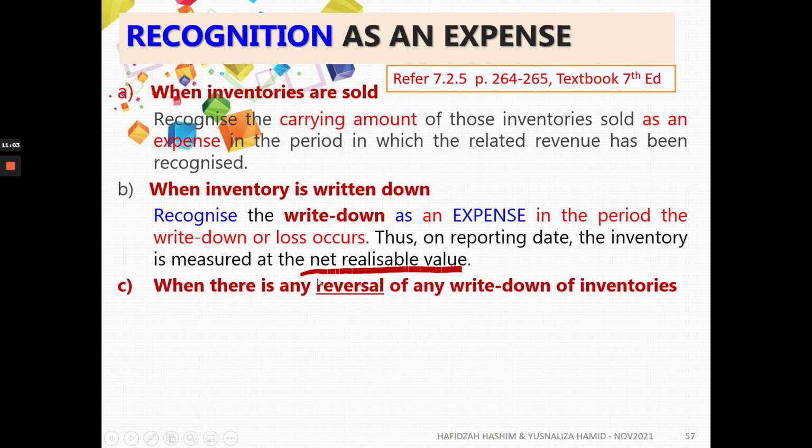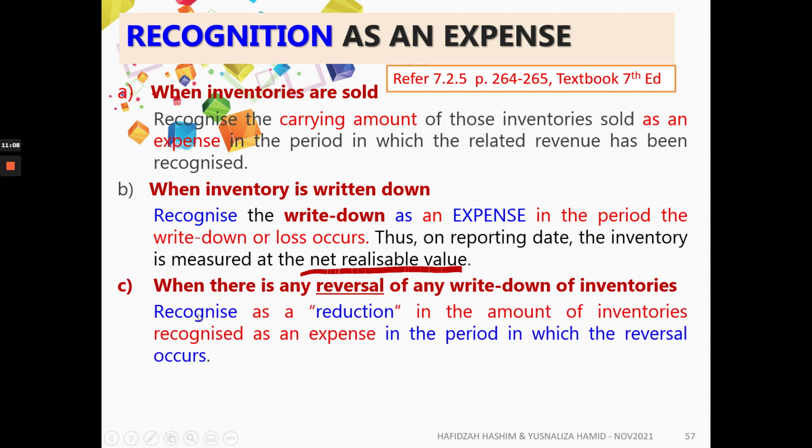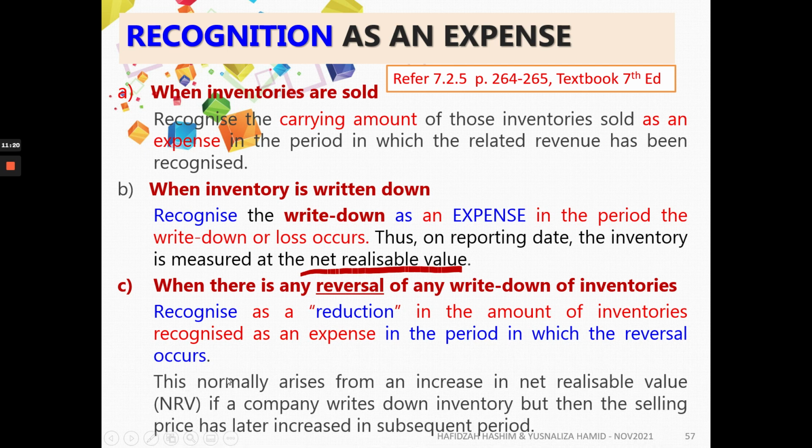And also when there is any reversal of any write down of inventories. This is recognized as a reduction in the amount of inventories recognized as an expense in the period in which the reversal occurs. The reversal normally arises from an increase in the net realizable value, NRV.